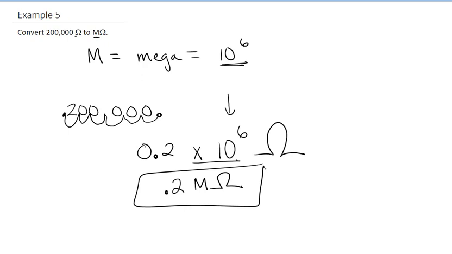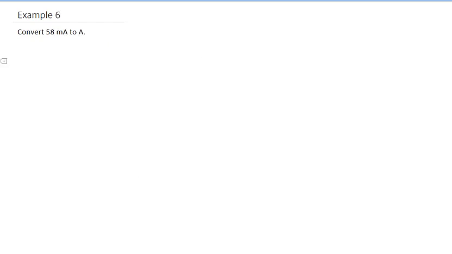Now let's do another example. Example 6. Convert 58 milliamps to amps. So 58 milliamps. Now, milli is the power of -3.